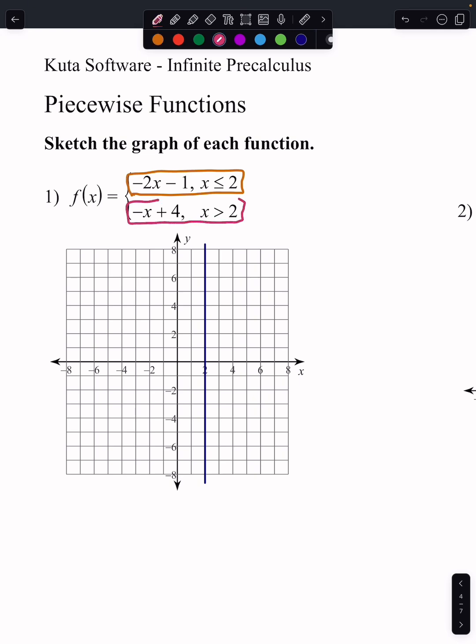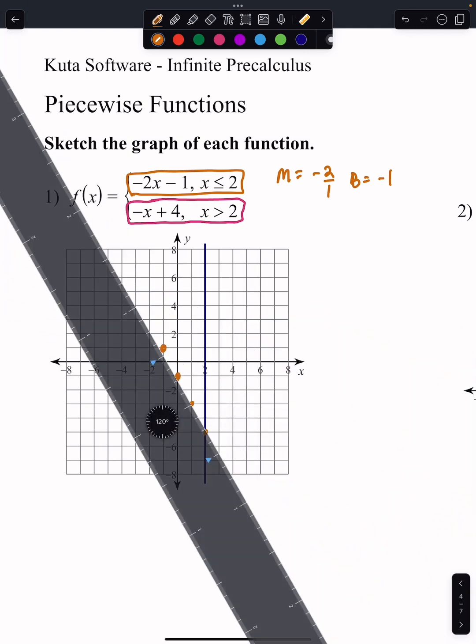So let's go ahead and graph that top one. My slope is -2/1. My y-intercept is -1. So I'm starting at -1. I'm going to go down 2, left 1, down 2, left 1, up 2, left 1, and so on. Get my ruler. And there's that.